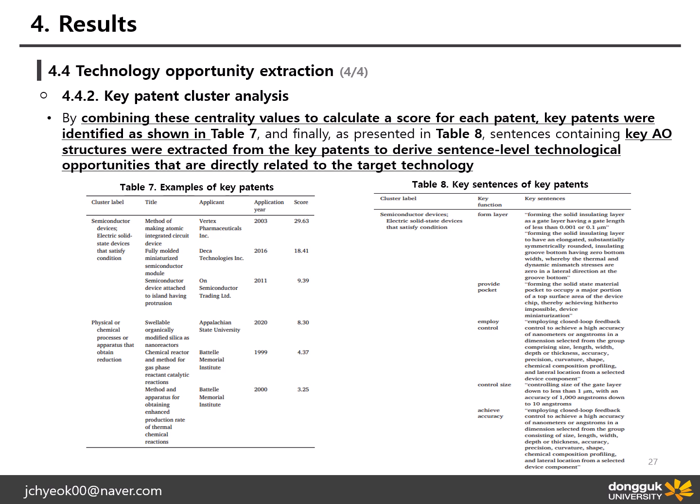Combining the centrality values, patent-level scores were calculated, and core patents were identified as presented in Table 7. Finally, sentences containing the core AO structure were extracted from the core patents, enabling the derivation of sentence-level technological opportunities that are directly related to the target technology, as shown in Table 8.